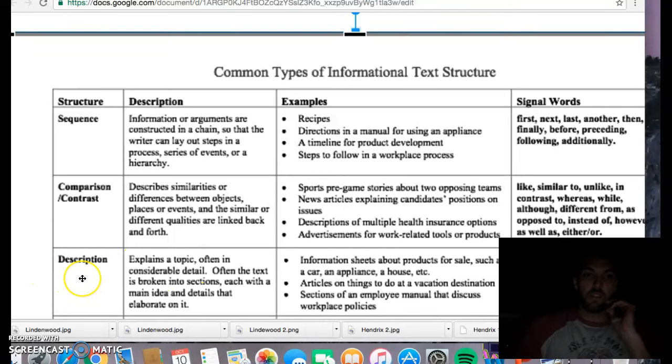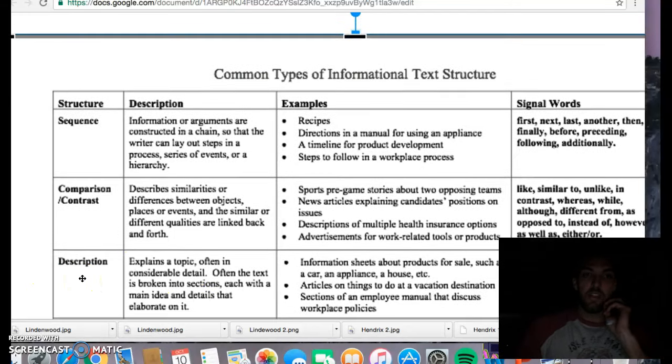The next type is description. This is where you're trying to explain something and give a lot of specific details. This is where you're trying to create a picture for the reader to get an idea of what you're showing them. So some examples: information sheets about a car or a house, where you're describing it in really specific detail.